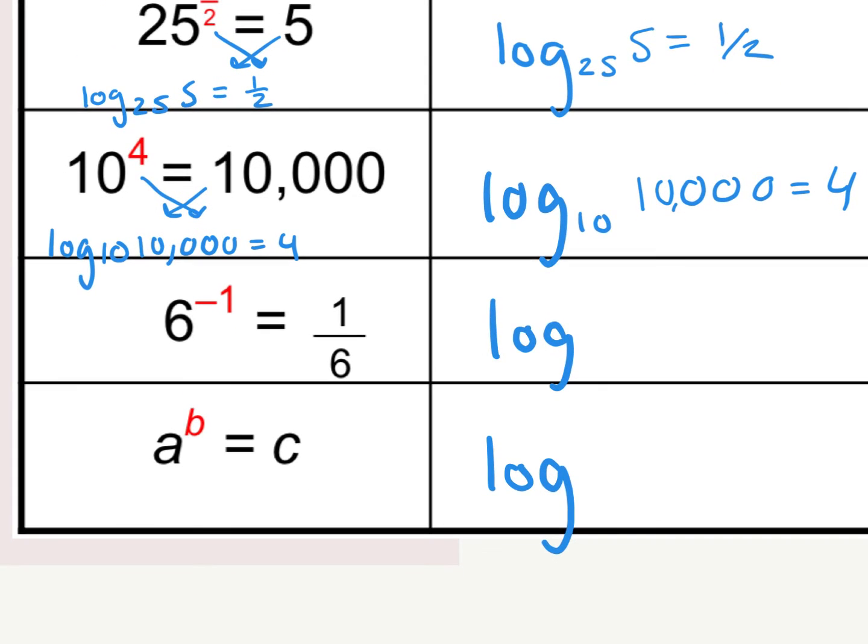All right, next one. What's our base? 6. And then what comes next? 1/6. And then what's that equal to? -1. Equal to -1. Perfect.